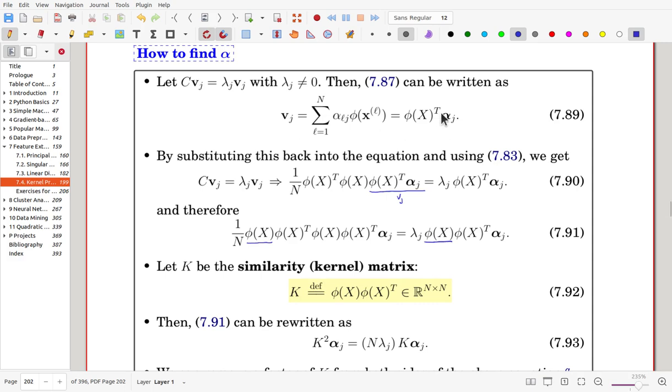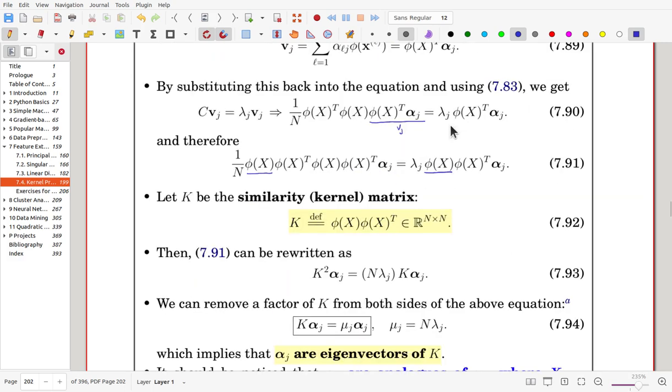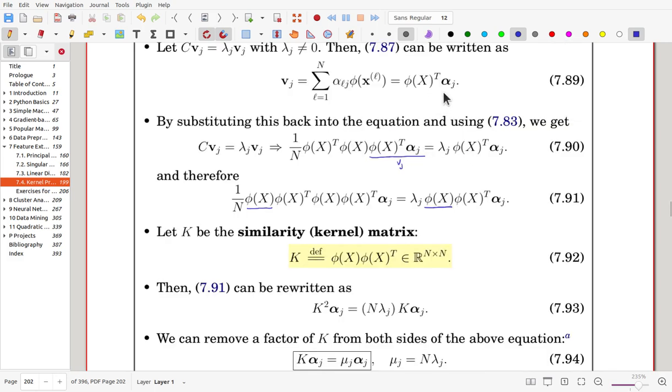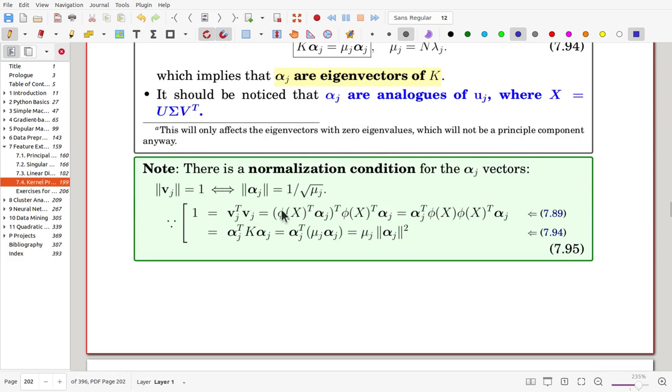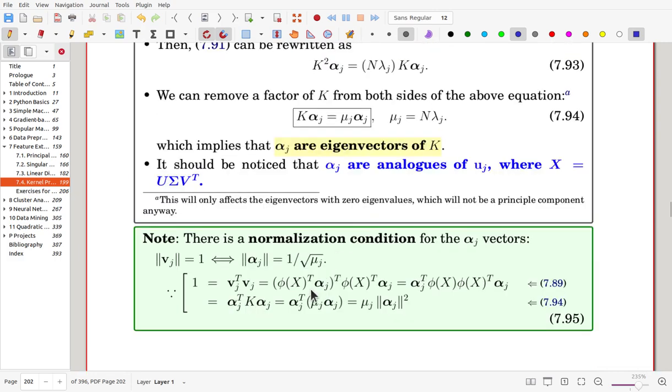However, the norm of alpha_j, even though it will be computed from that eigenvalue problem, doesn't have to be 1. In fact, the norm of alpha_j must be 1 over the square root of mu_j, where mu_j is the eigenvalue of the corresponding eigenvector alpha_j.